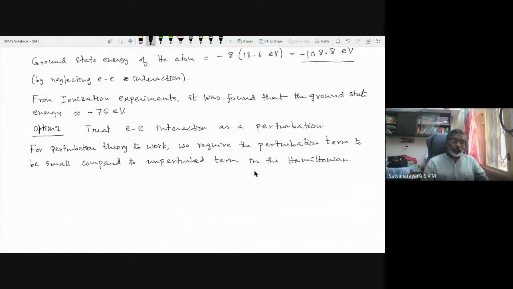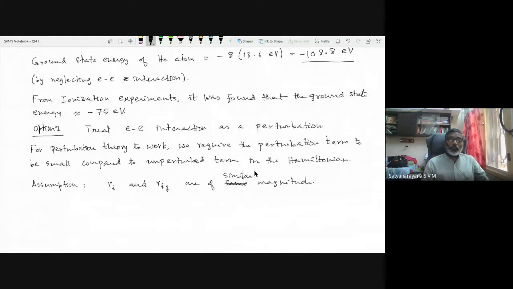Let's make an assumption that r_i and r_ij are of a similar magnitude.